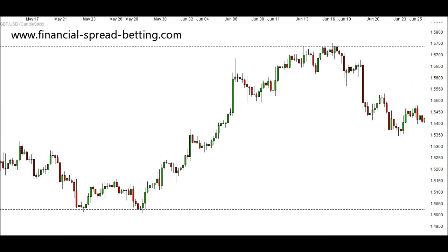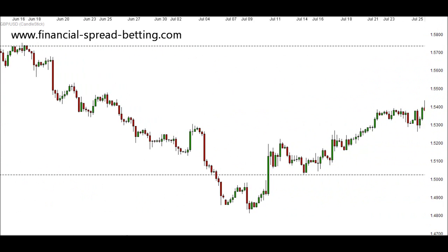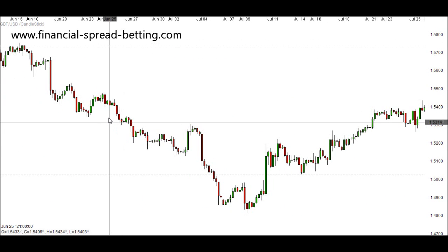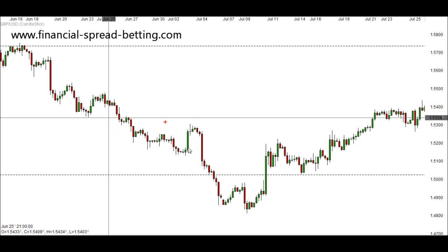So let's look at these support and resistance areas that we've marked. You'll notice that this support area is broken here, but comes back up and acts as support for this uptrend.